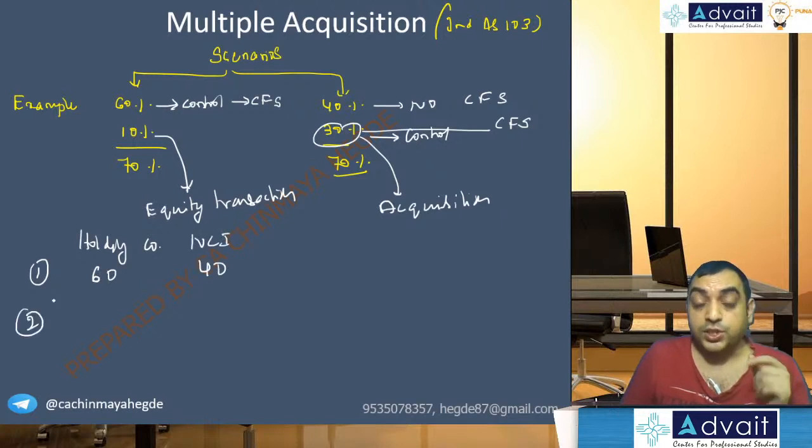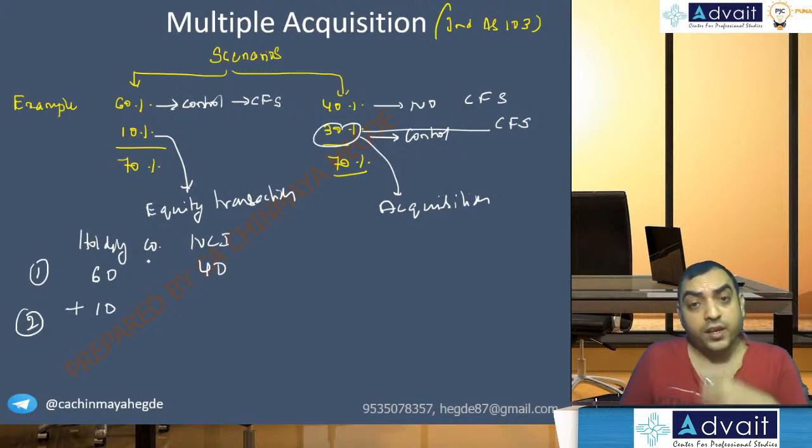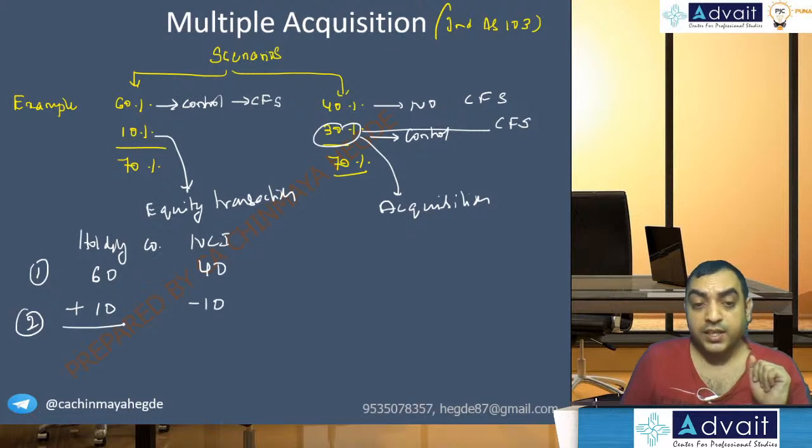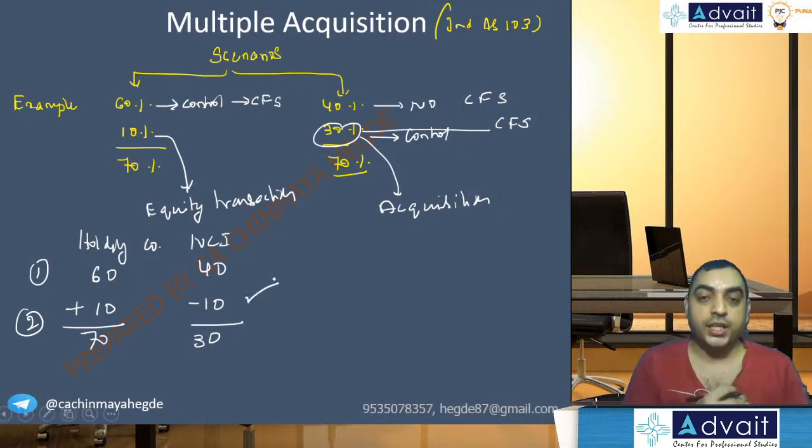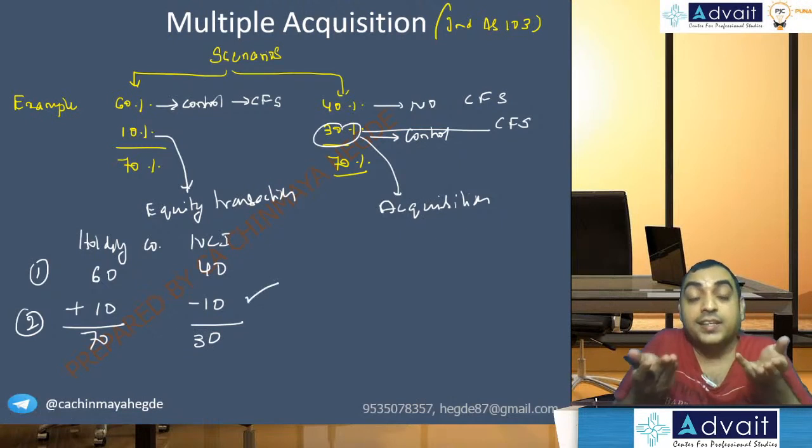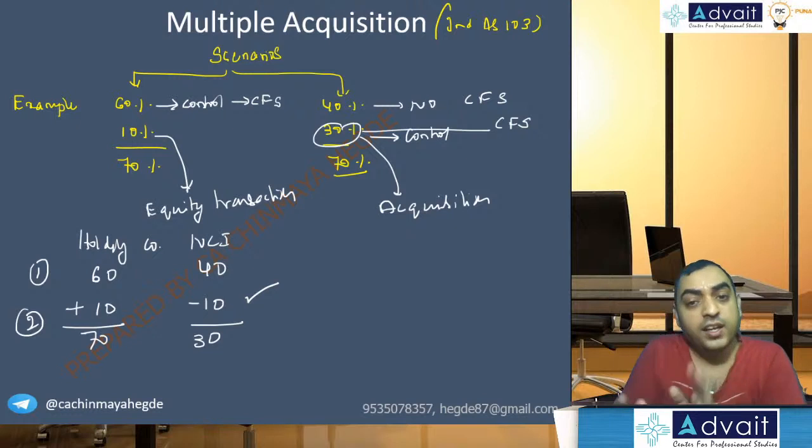On second acquisition, you acquired an extra 10% from existing shareholders. They will sell it, meaning they become minus 10; therefore yours becomes 70 and theirs becomes 30. So you have to account for this change. Holding company share will increase and NCI share will decrease.